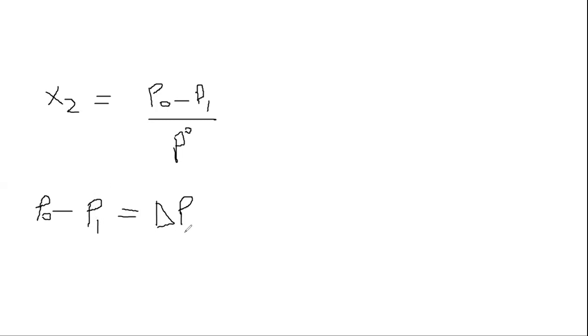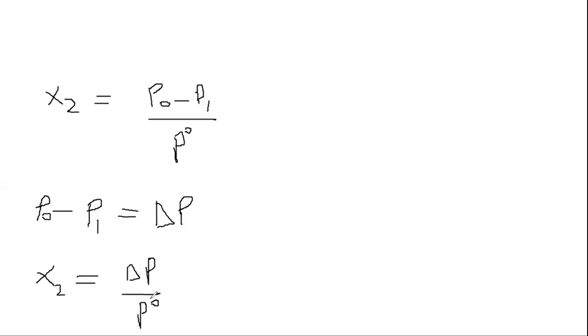But here, this change is called the lowering in vapor pressure, because this vapor pressure is more as compared to this, and the difference will give you how much the vapor pressure is lower. That's why delta P is called the lowering of the vapor pressure. So putting the value of delta P in the above equation, this would be x2 equal to delta P divided by P naught.